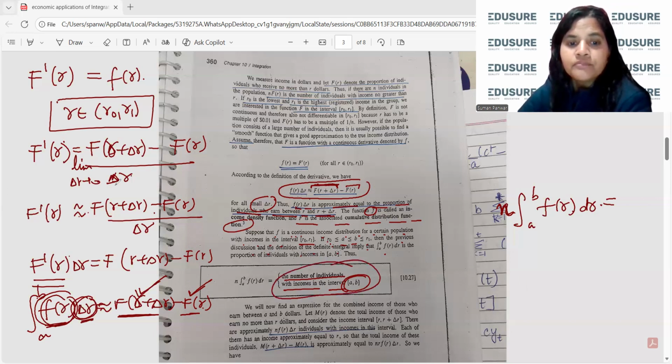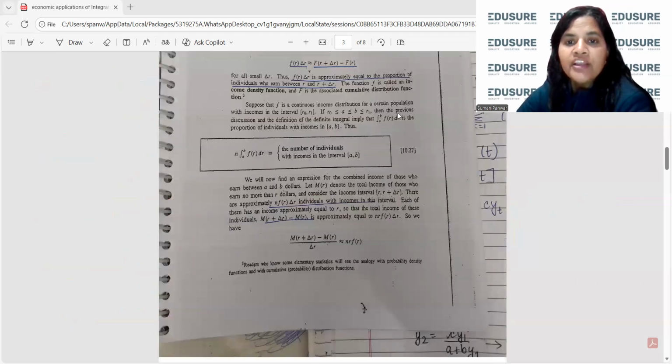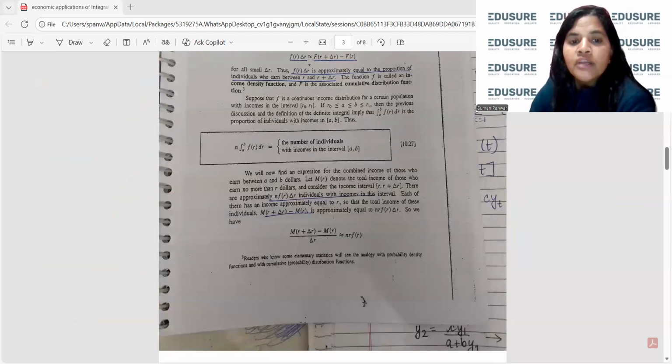Now we will find an expression for the combined income of those who earn between a and b dollars. Let M(r) denote the total income of those who earn no more than r dollars, and consider the income interval [r, r + Δr]. There are approximately N f(r)Δr individuals with income in this interval because of this definition.